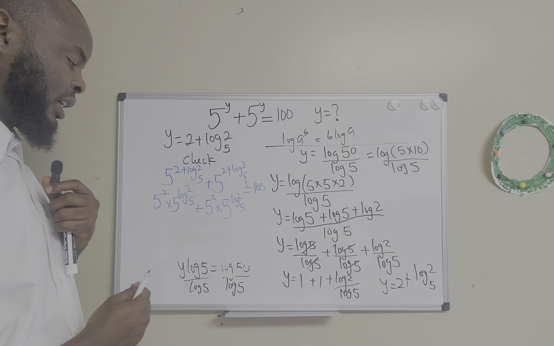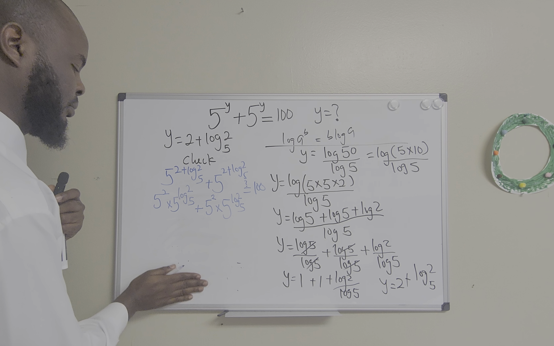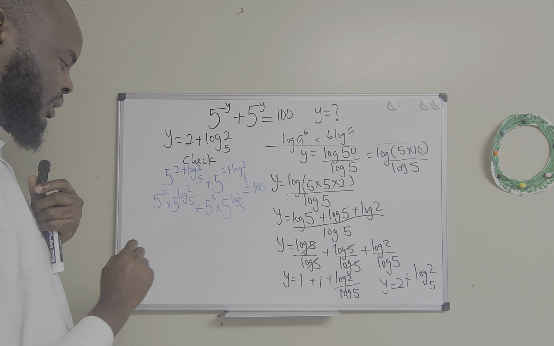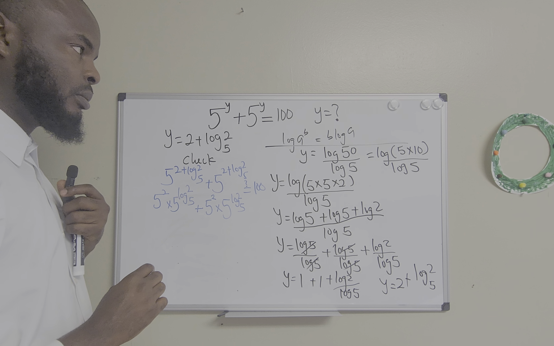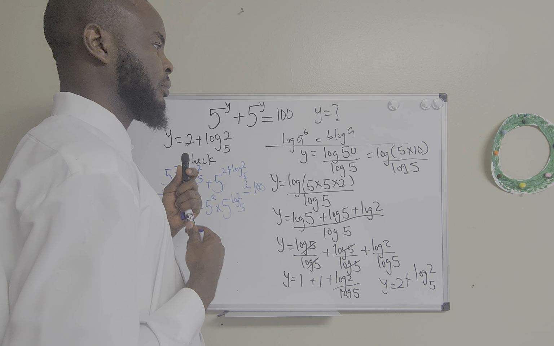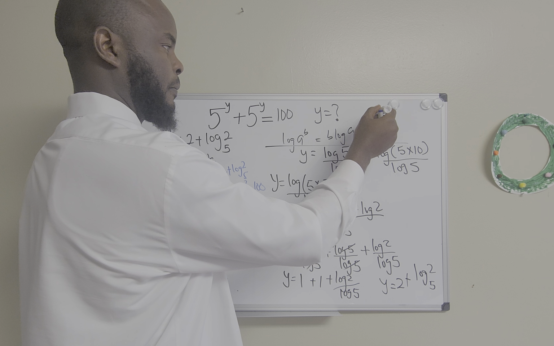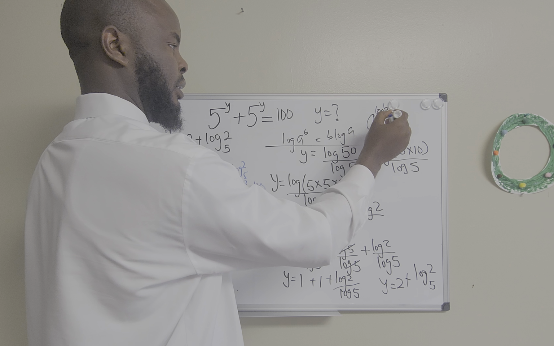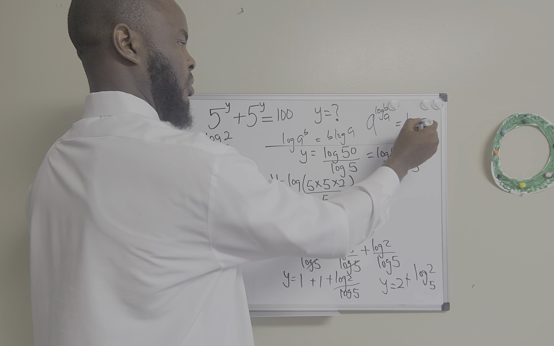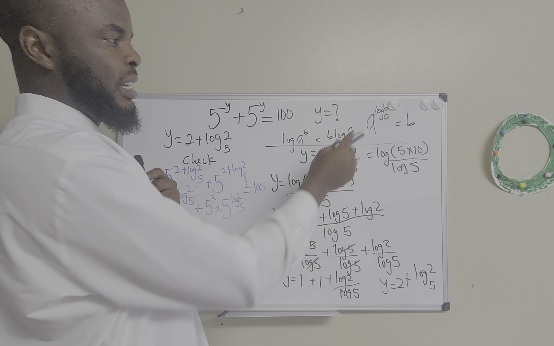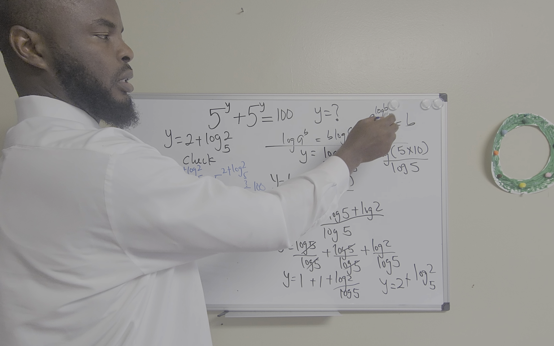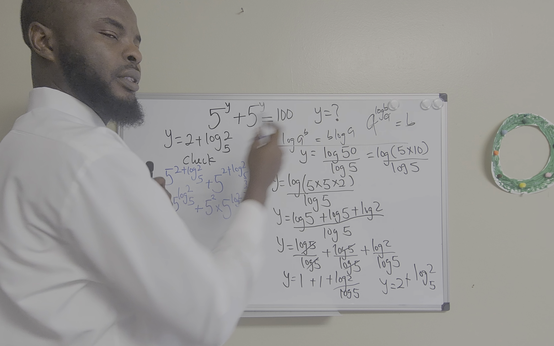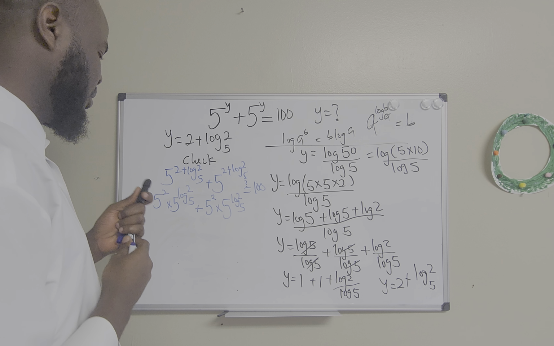Now, to solve this further, before I do this, there's a law of logarithm also that says that when you have a to the power of log b base a, this is equal to b, provided the base of the log is the same as this. So this rule will be used here.